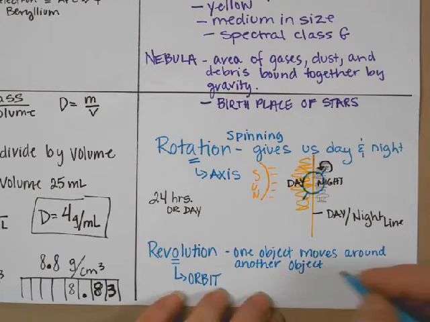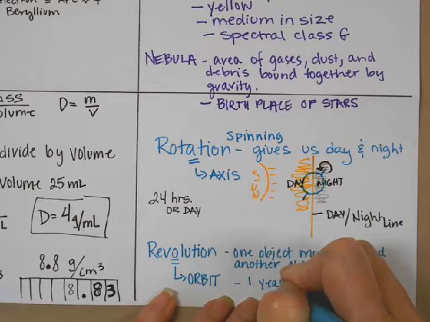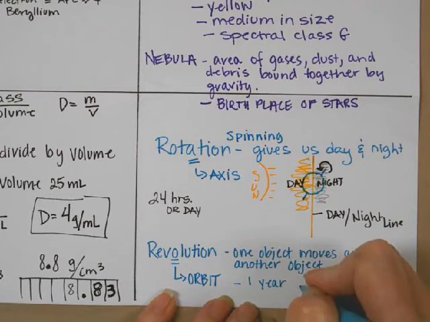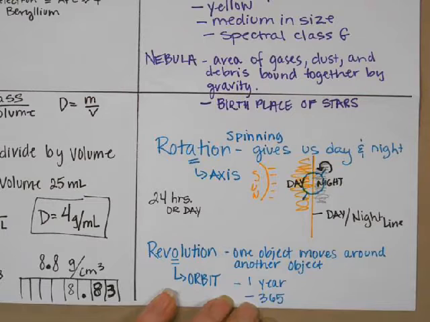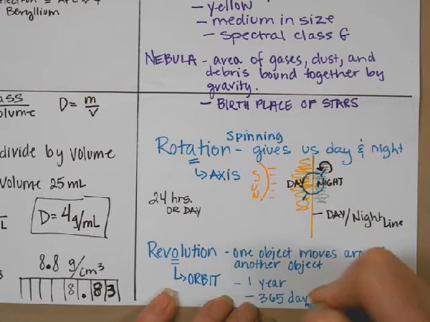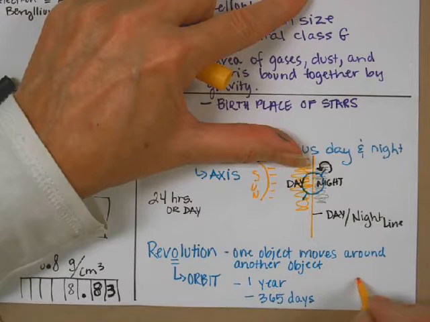Our orbit takes 1 year, or 365.25 days to be exact. This motion gives us our year. And remember, everything is moving counterclockwise.